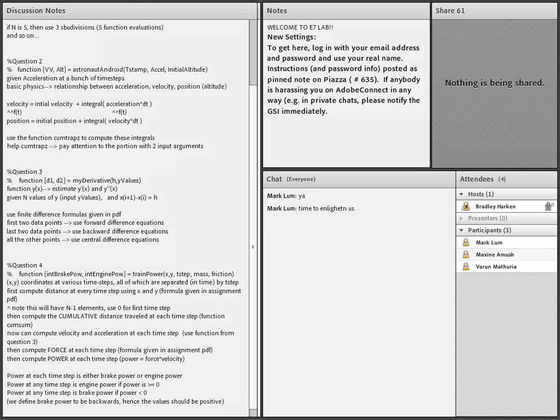But since we're talking specifically about brake power, it's assumed that the force is backwards. So we just want to know the total power. So it doesn't need to be negative when you have that.